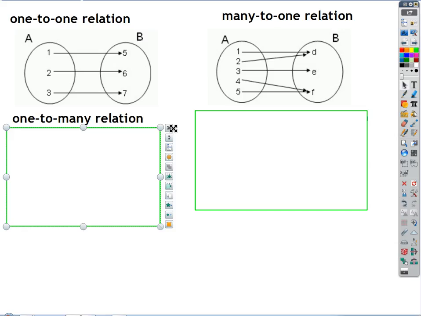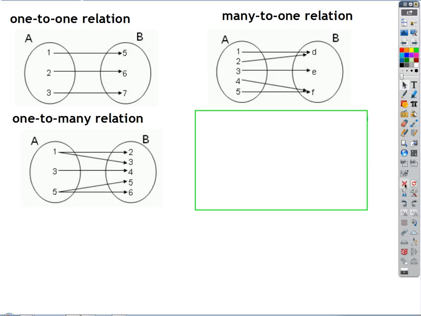X values will have multiple y values. Good. Okay. Is this a function? No. It's not, right? Because now it violates the definition of a function. It works for 3. Right, if I input a value of 3, I only get one arrow leaving that, I only get one output. But what's the problem with, for example, an input value of 1?